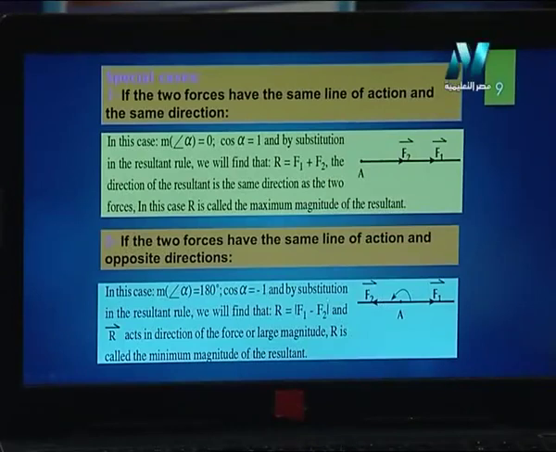And by substitution in the resultant rule, we will find that R equals the absolute value of F1 minus F2. Why absolute value? Because the force has no negative value. So we put this absolute value here to guarantee that the result will be positive. And R here acts in the direction of the force of larger magnitude. R is called the minimum magnitude of the resultant, or the smallest value of the resultant.